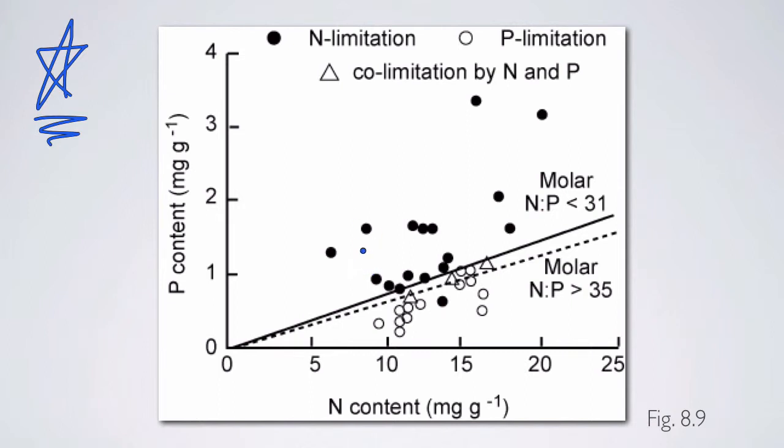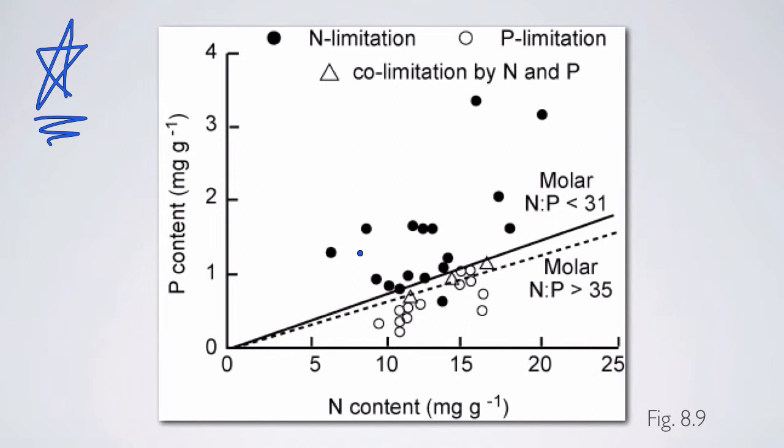They looked at the relationship between nitrogen and phosphorus concentrations of leaves in heath plants in Europe, at a relatively wet site. So think of it more like a wetland or a wet grassland.